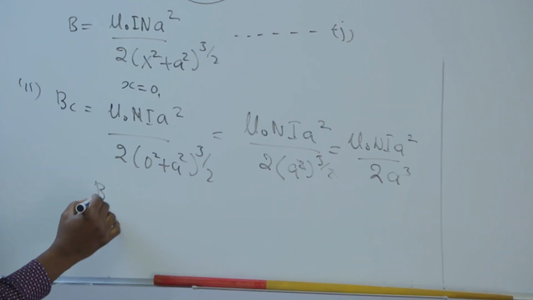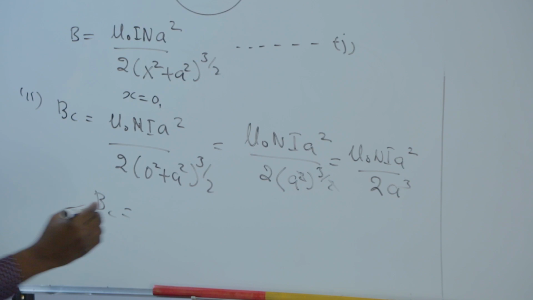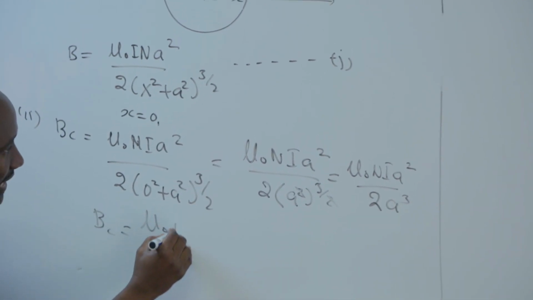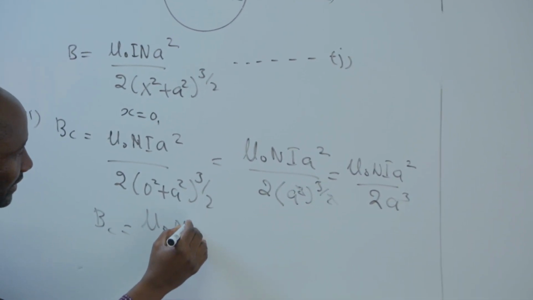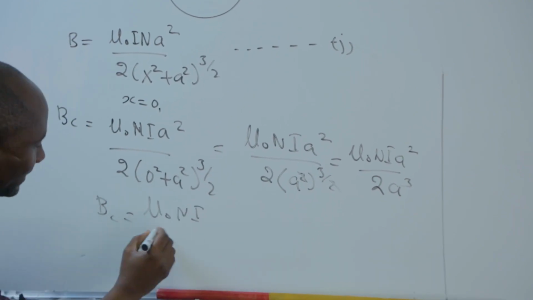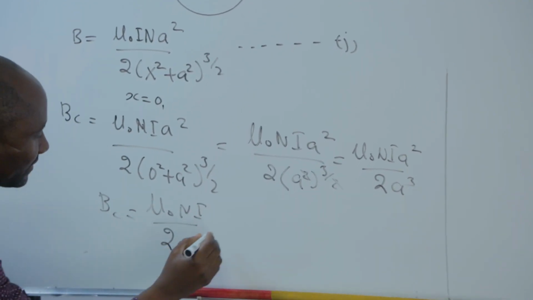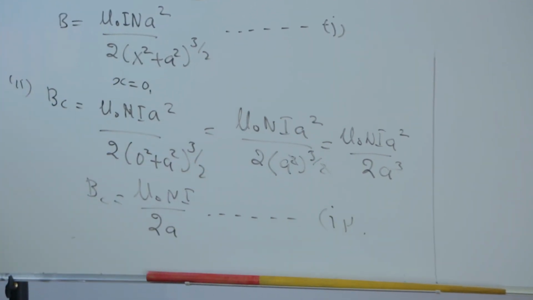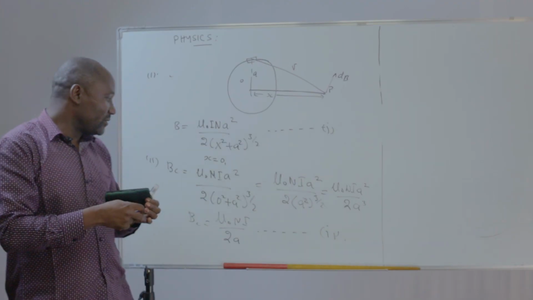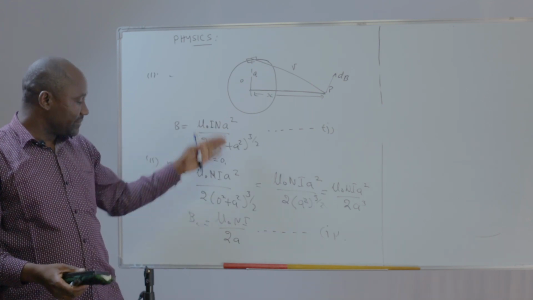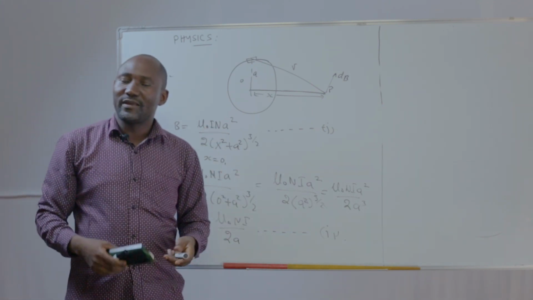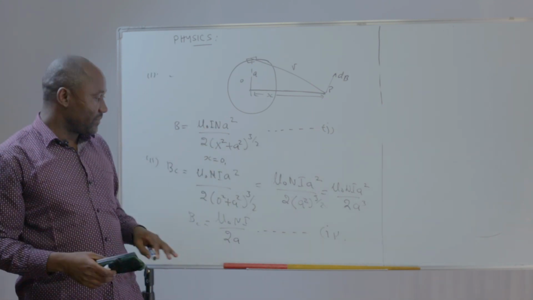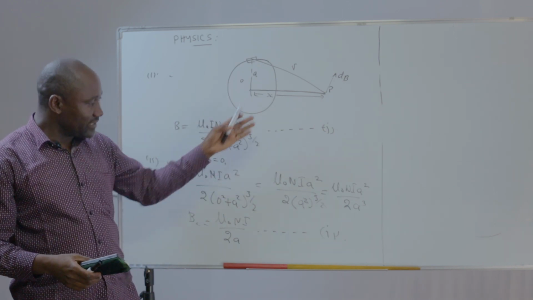And we come up with the formula for the magnetic flux at the center as mu n I over 2a. This formula is common, known to everybody, and you derive it based on the Biot-Savart law and Ampere's theorem. That is how you did it.